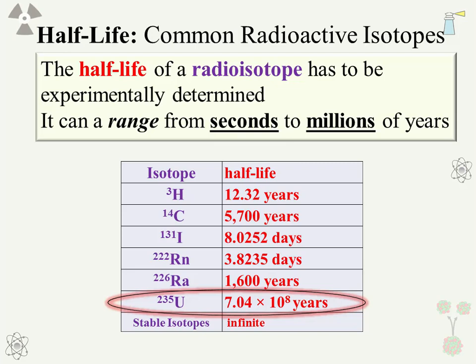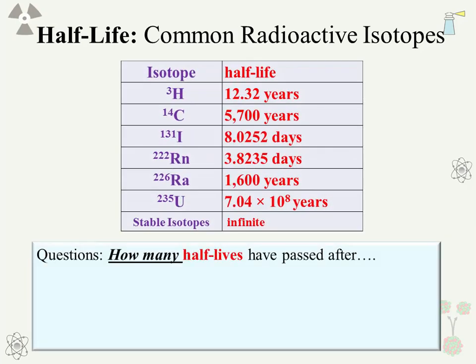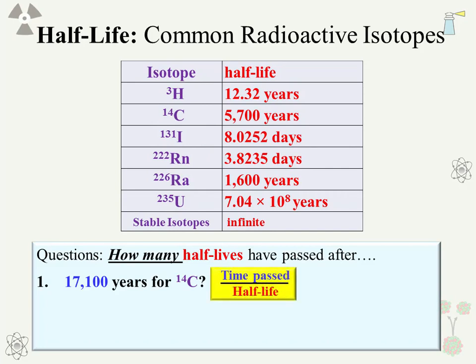With what we've covered so far, some specific half-life questions can be answered. For example, how many half-lives have passed after 17,100 years for carbon-14? The way to address this question is to find the ratio of time passed to the half-life of the isotope.